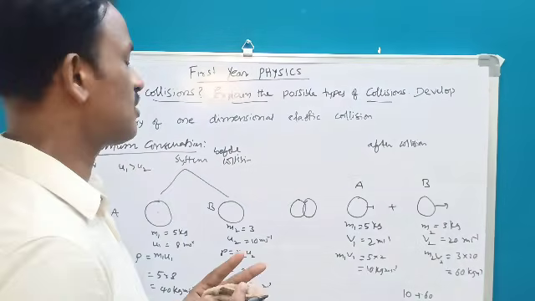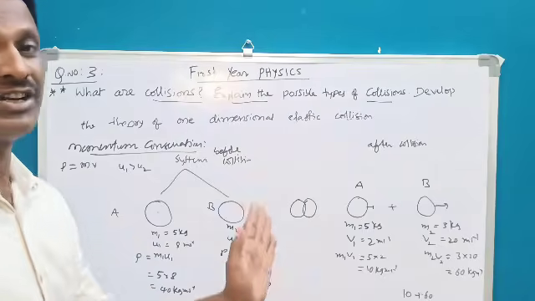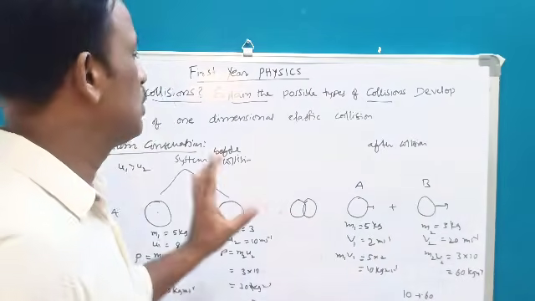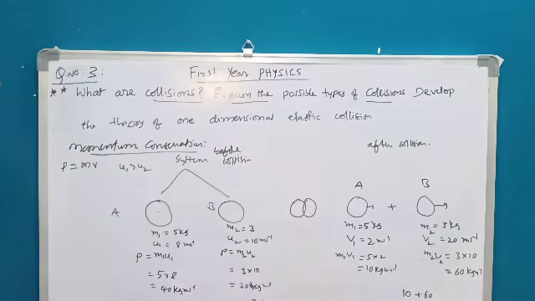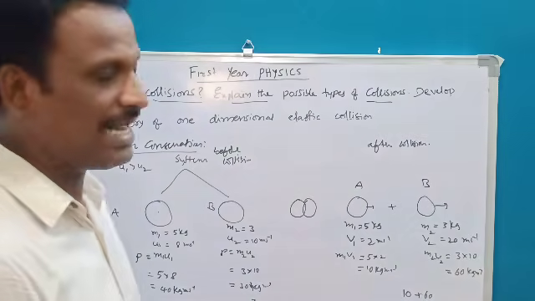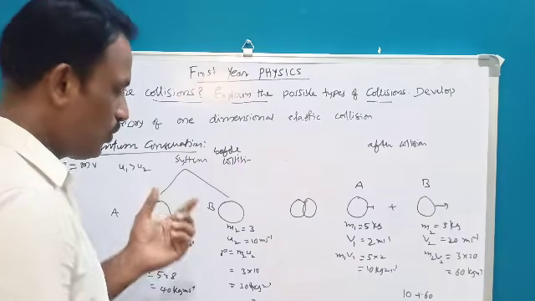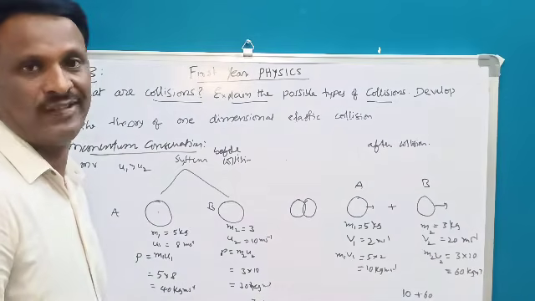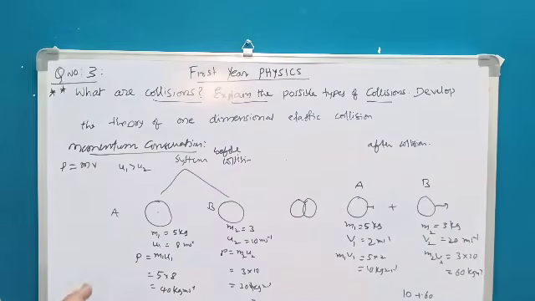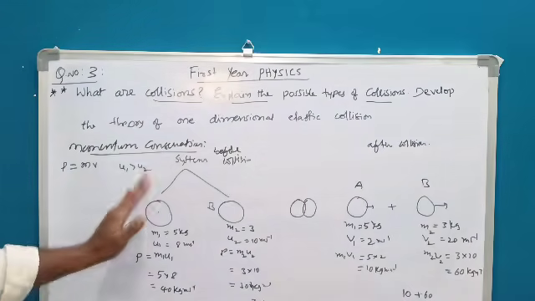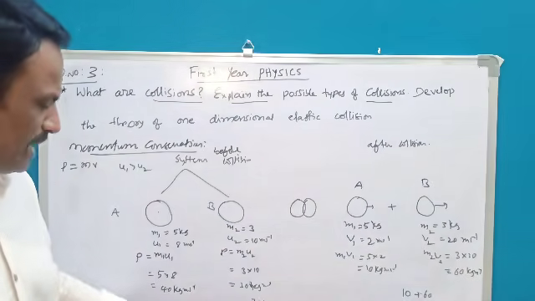So in collisions, the momentum is redistributed between the objects. So this is the concept of momentum conservation. As I said, there is no need to write all these things, but for the sake of understanding, you have to know this. Before collision, the system momentum is 70.